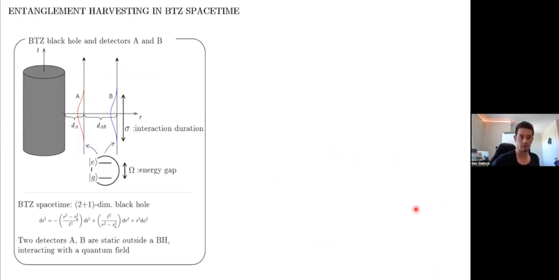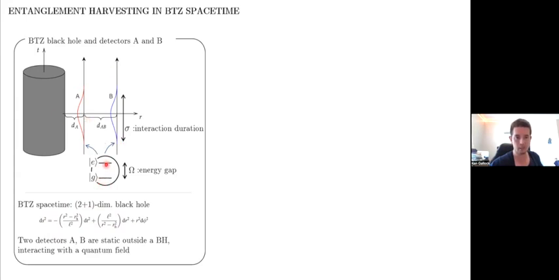To begin with, let's review BTZ black hole space-time. BTZ black hole space-time is 2+1 dimensional space-time, which has negative constant curvature, and the metric is given by this. Throughout this talk, I will consider two static detectors outside the event horizon.